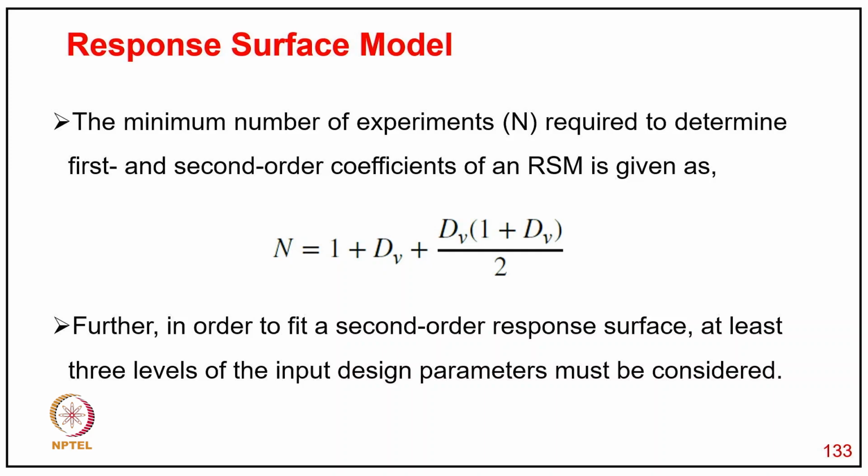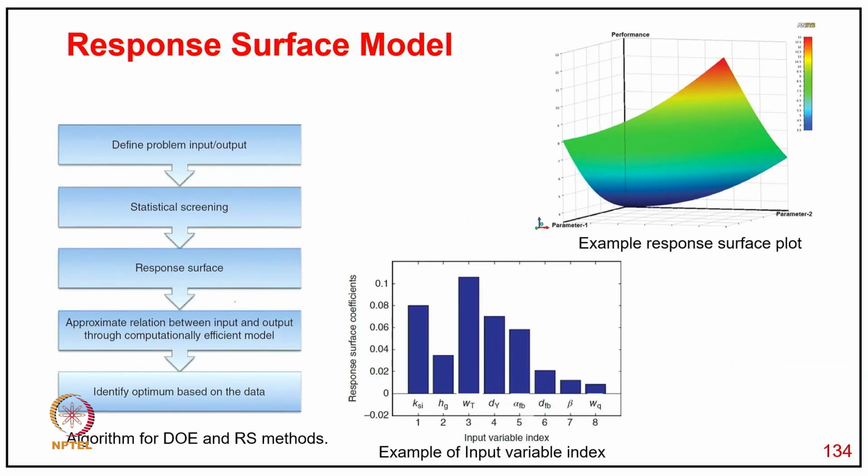So further, in order to fit a second order response surface, at least 3 levels of the input design parameters must be considered. This is typically the methodology of response surface method, the algorithm for DOE for the RS method, with examples of input variables and then an example. So you start by defining the problem of input and output, then statistical scaling, then the response surface, then an approximate relation between the input and output through a computationally efficient model, and identify the optimum based on data.